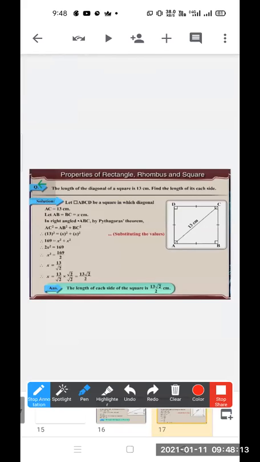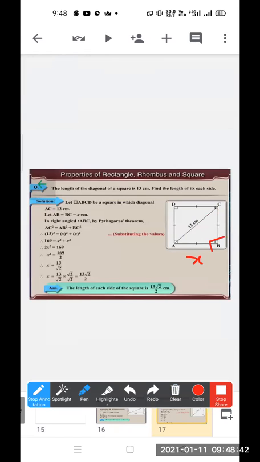So let each side be x centimeter. Here BC we will consider as x. Now if we consider triangle ABC, here angle B is a right angle, so we can apply Pythagoras theorem.